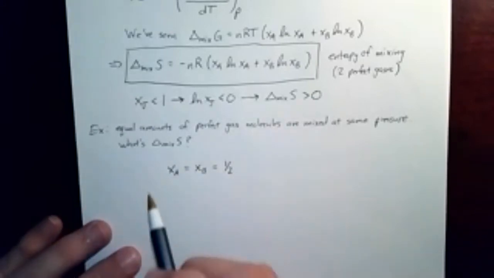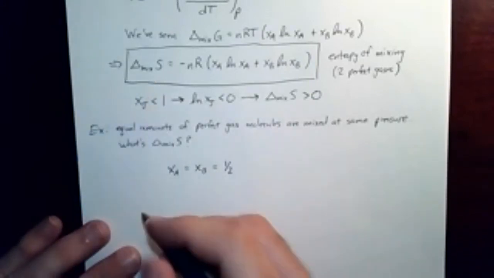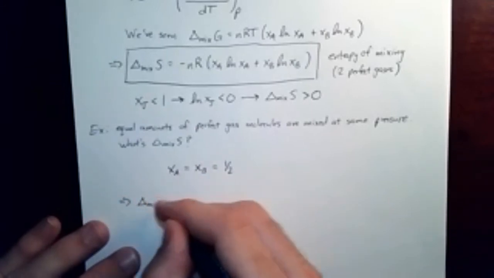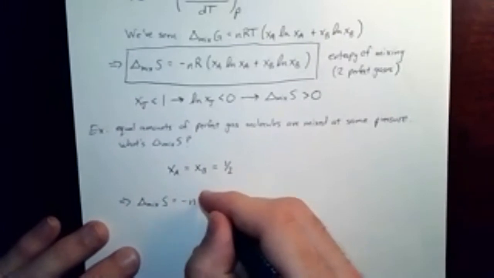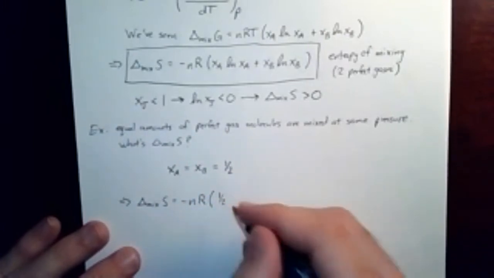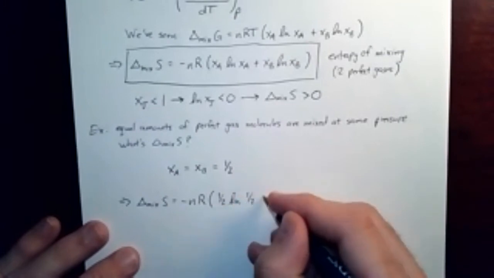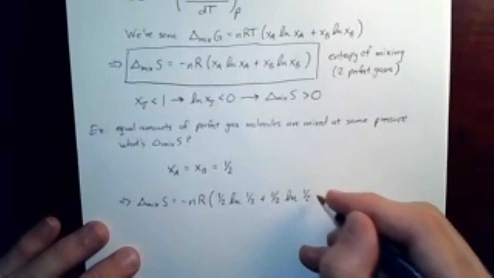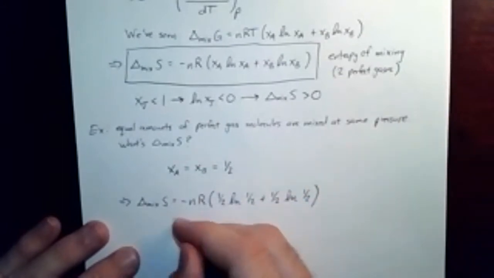All right, and now I'm going to use this formula up here. So delta mix S equals minus NR, XA is a half, ln a half, plus XB is a half, ln a half. Okay.